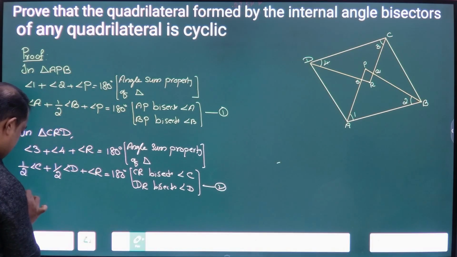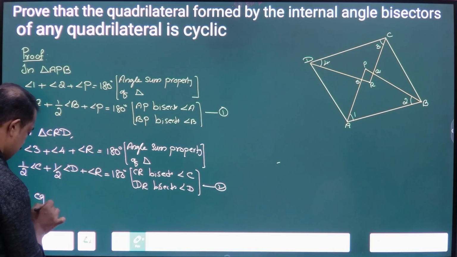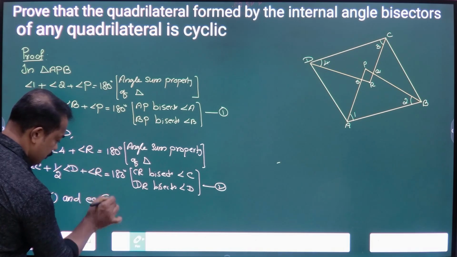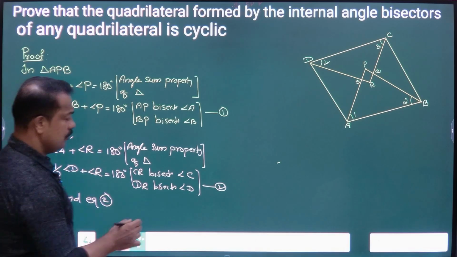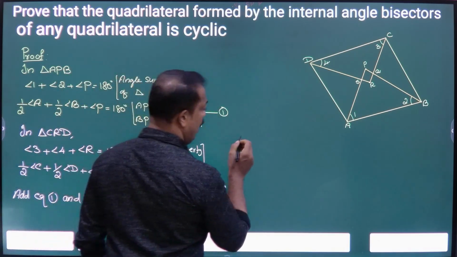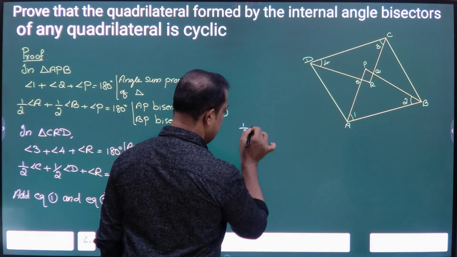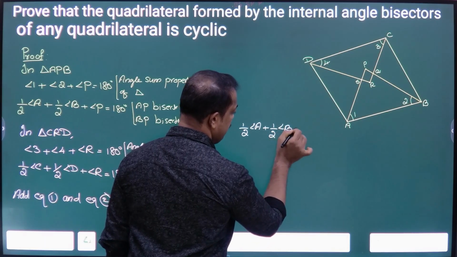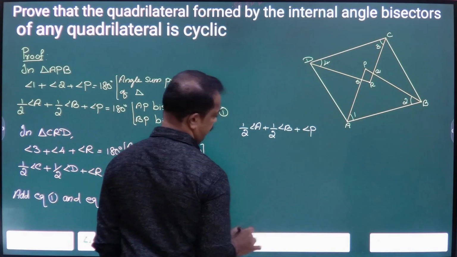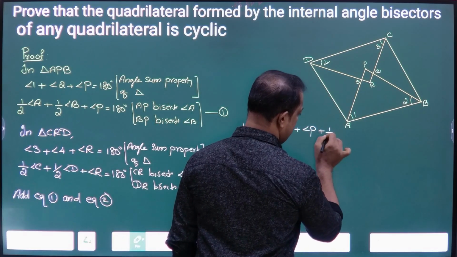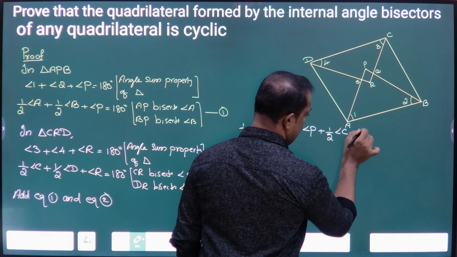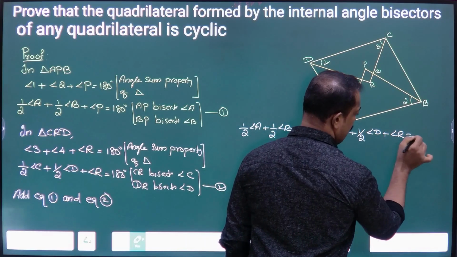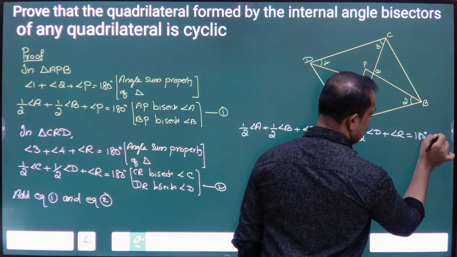Now add equation 1 and equation 2. So क्या हुआ? Half angle A plus half angle B plus angle P plus half angle C plus half angle D plus angle R equal to 180 plus 180.